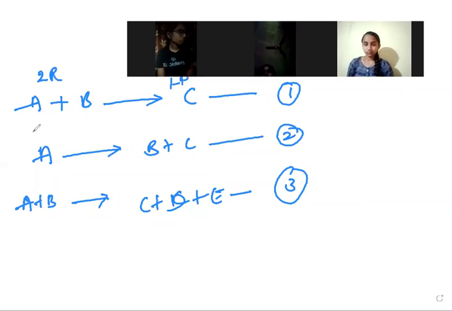In the second equation we have one reactant and two products. In the third equation, two reactants and three products.